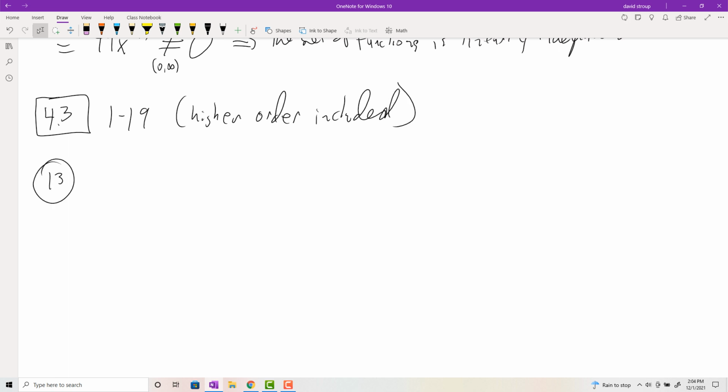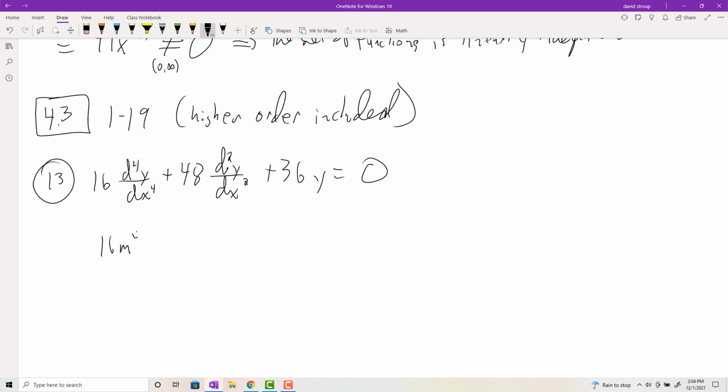So for example, number 13, I have 16 times the fourth derivative with respect to x plus 48 times the second derivative with respect to x plus 36y. So first you get the auxiliary equation, so 16m to the fourth plus 48m squared plus 36.